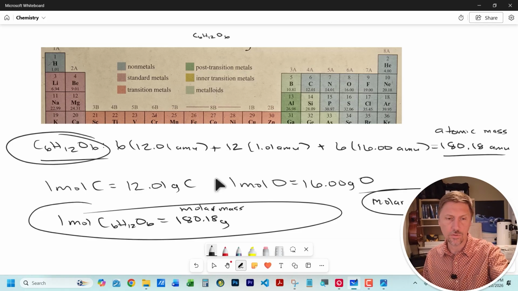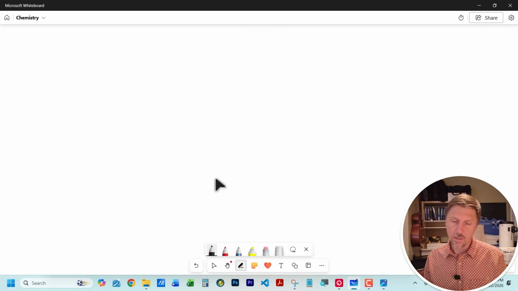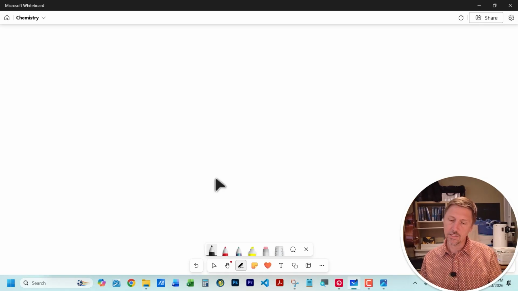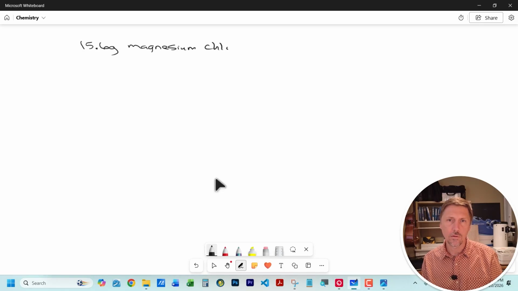Example 7.2 says a student measures out 15.6 grams of magnesium chloride. So we have 15.6 grams of magnesium chloride. I'm going to write that out. But we need to know what the chemical formula is for magnesium chloride.